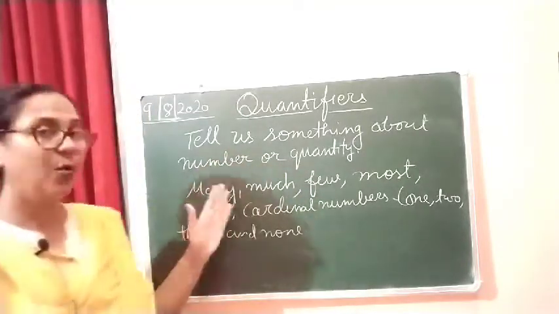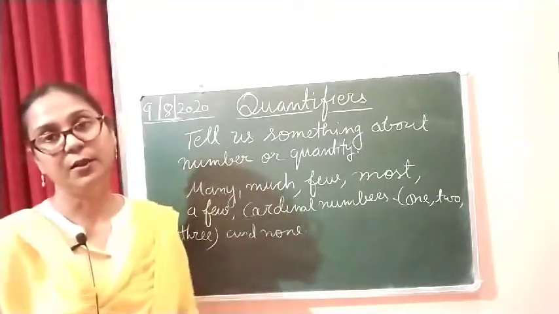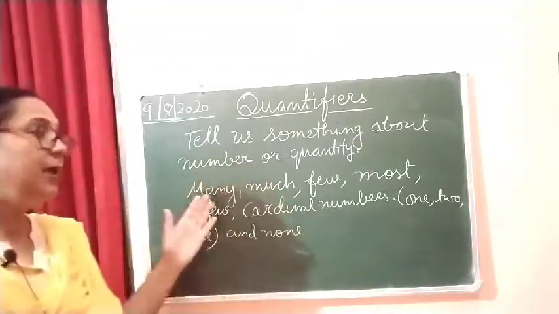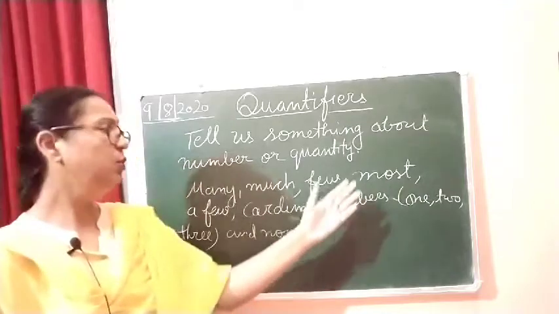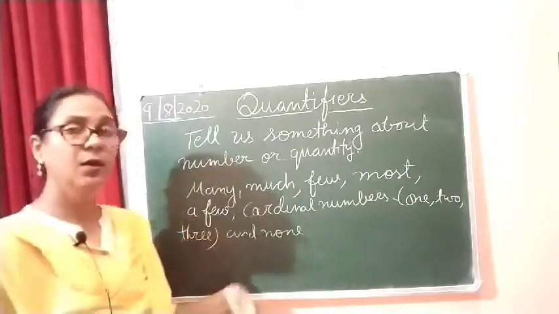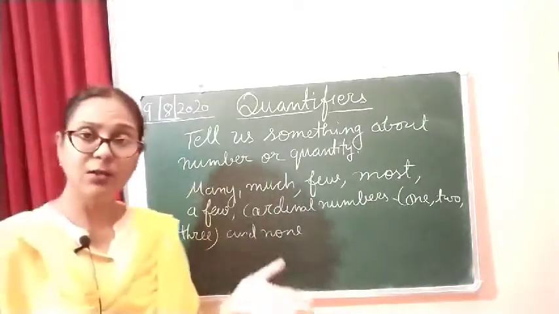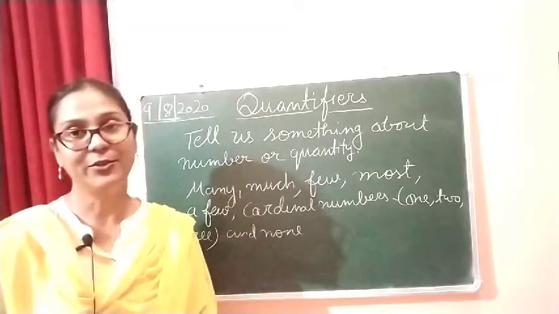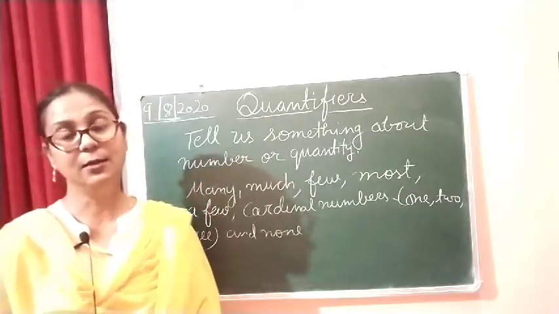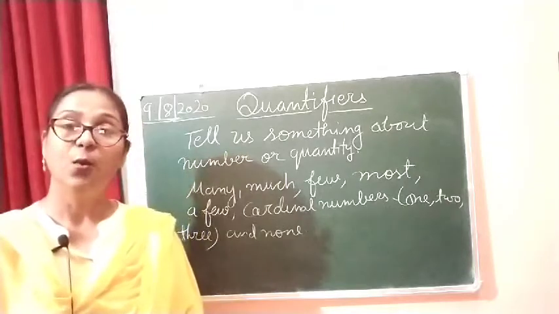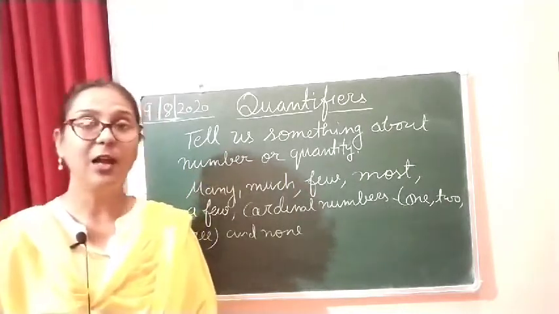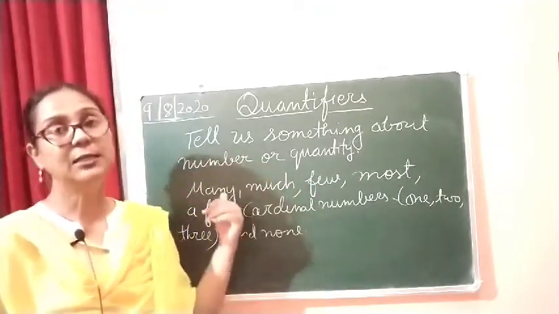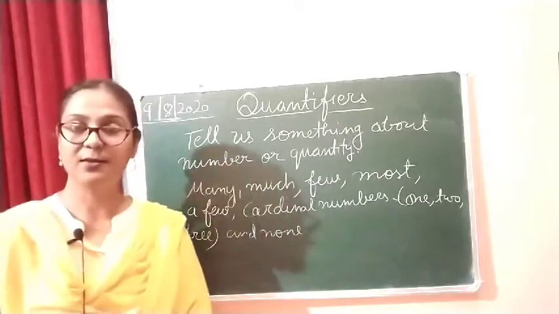Some quantifiers I have written over here: many, much, few, most, a few and none also. These are all quantifiers, and some cardinal numbers, suppose 1, 2, 3, are also considered as quantifiers.